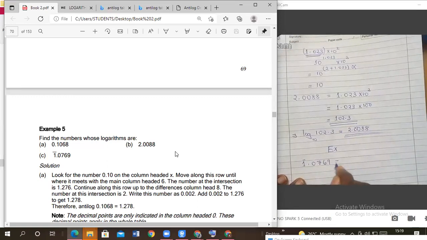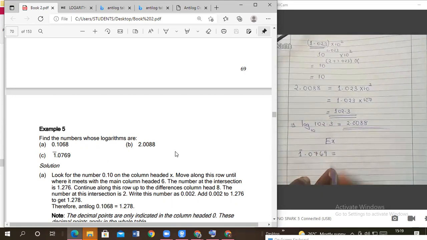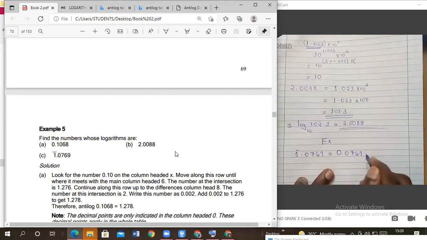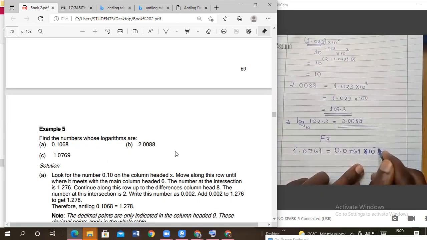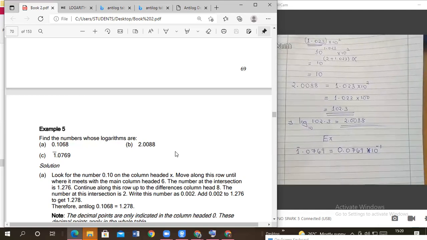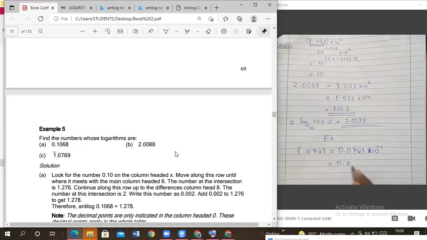This one is the same as 0.0769 times 10 to the power negative 1. Go and get the antilog.